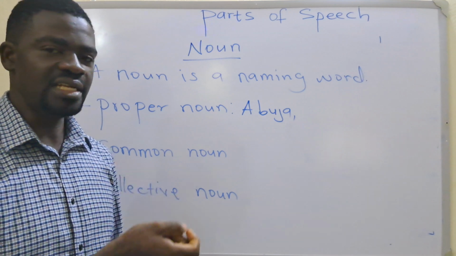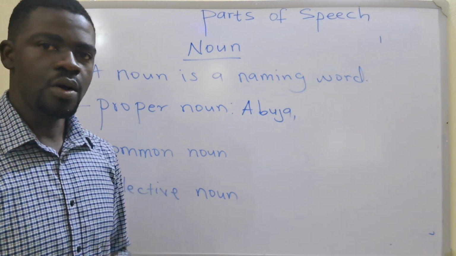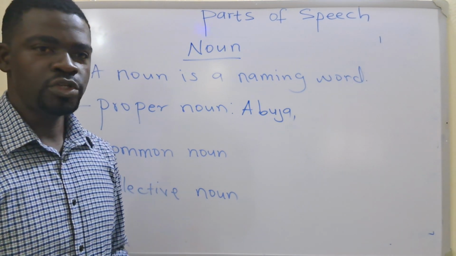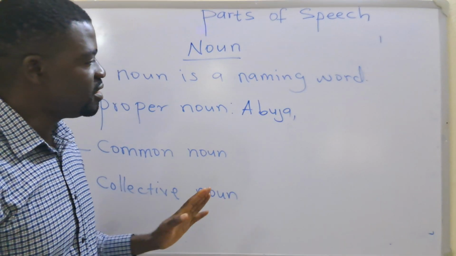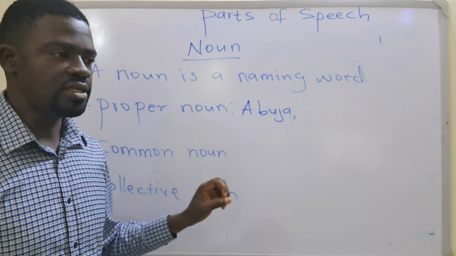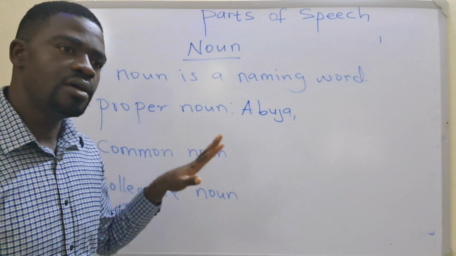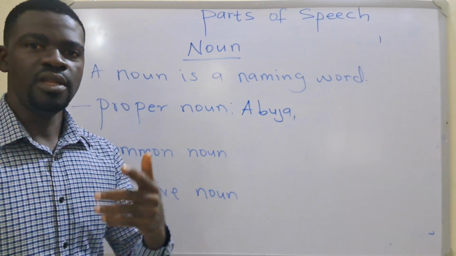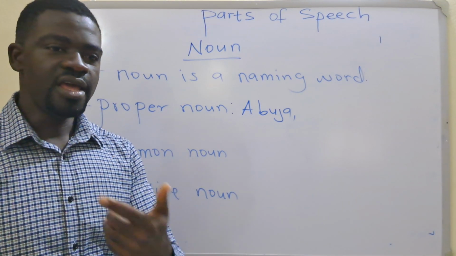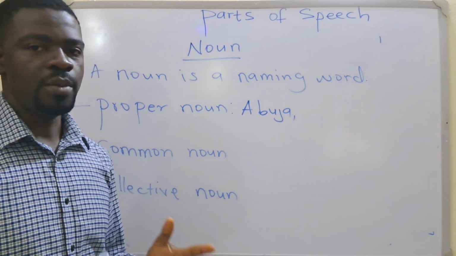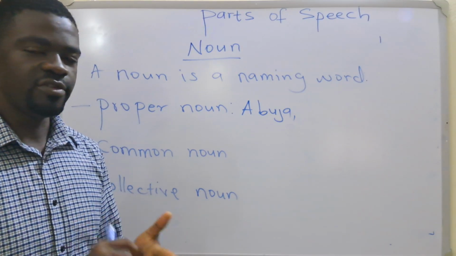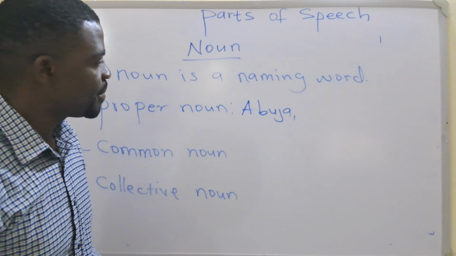So you have Atlantic Ocean, Indian Ocean, Pacific Ocean, and so on. These are proper nouns as well because they are names of particular oceans. Lake Chad, Lake Victoria. These are proper nouns because they are names of particular lakes.